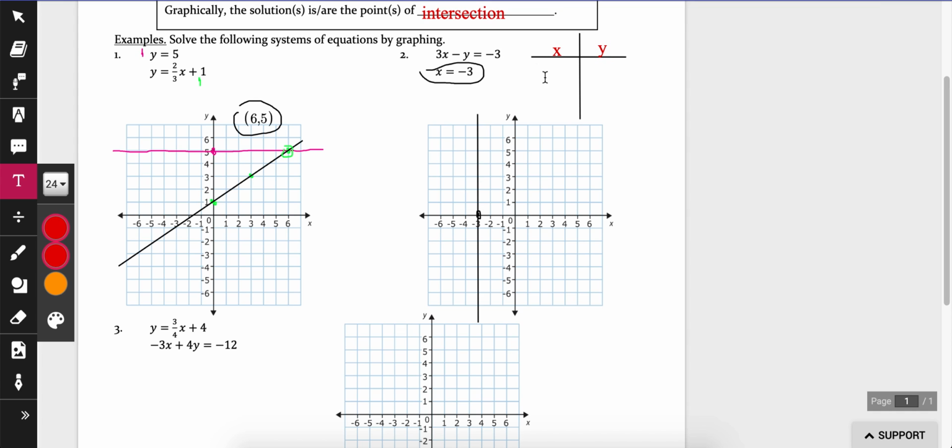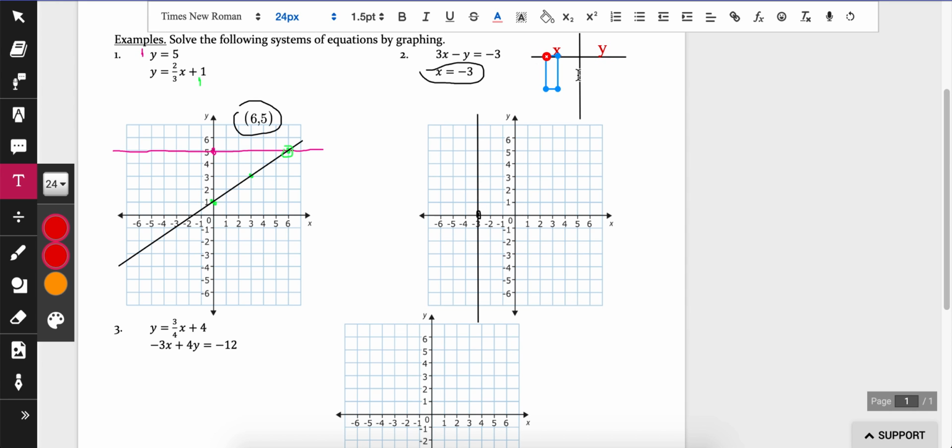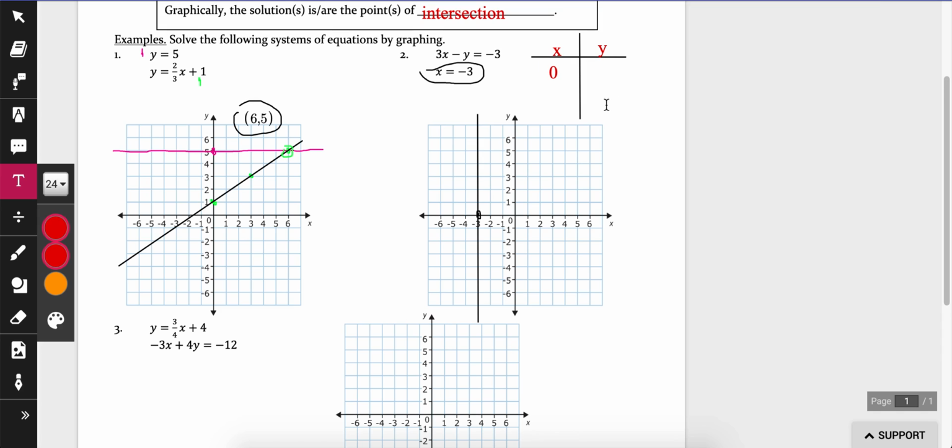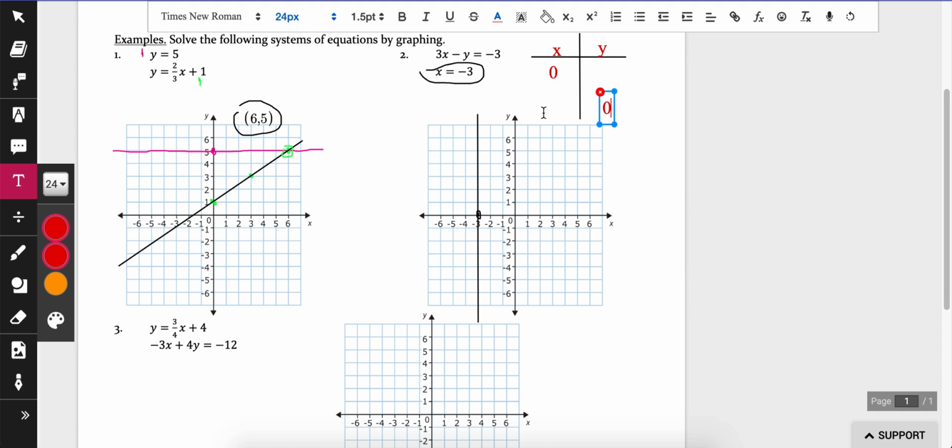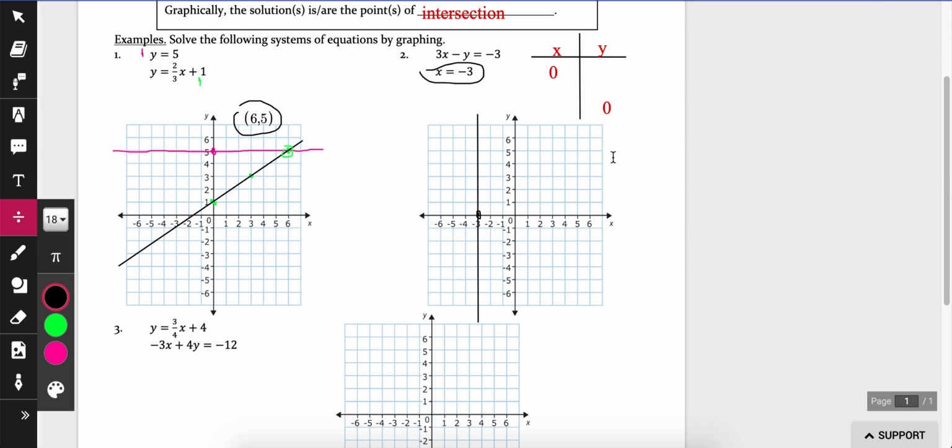I'm going to use x equals 0 to find our y-intercept, and y equals 0 to find our x-intercept. Taking our equation 3x minus y equals negative 3 and setting x equal to 0 gives us negative y equals negative 3. I'm going to divide both sides by negative 1 to get y equals positive 3 as our y-intercept.